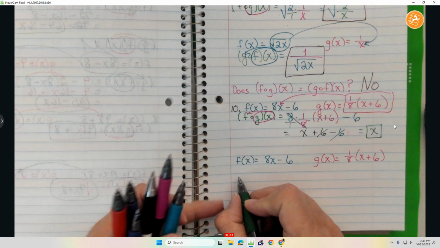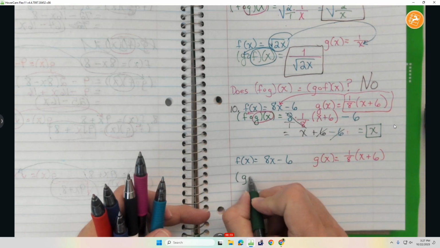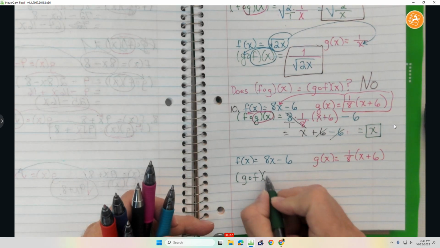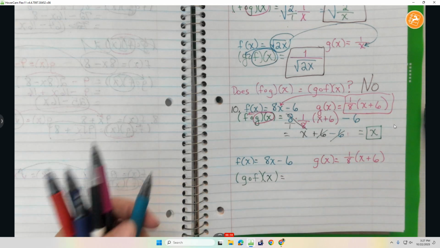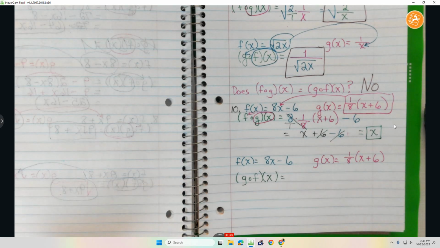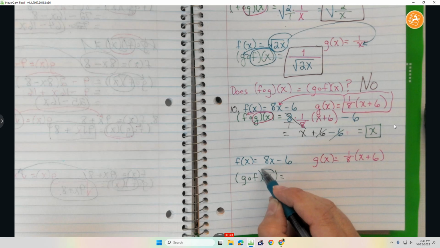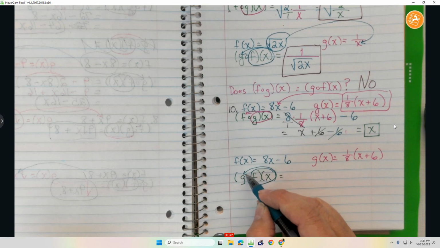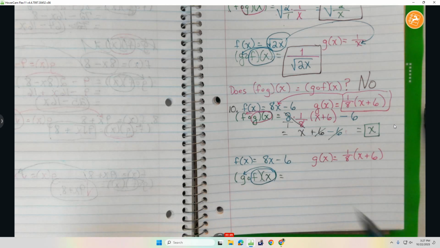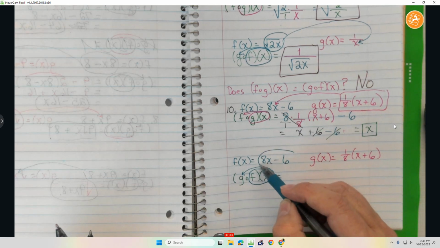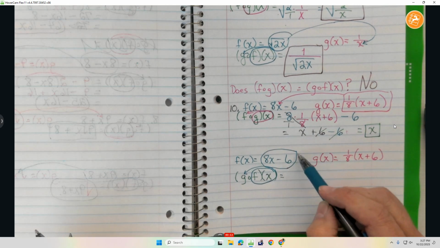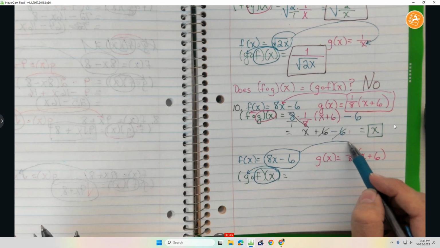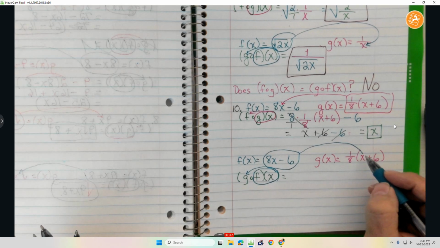Now to find g composed with f of x. So what does that mean? This means plug f into g.